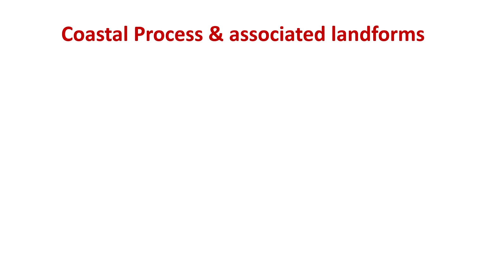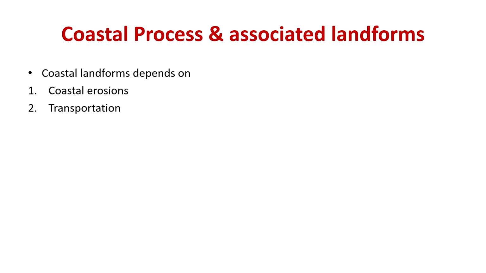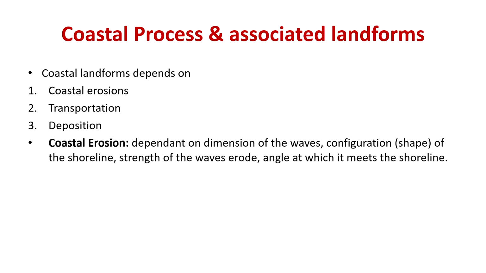Now, coastal processes and associated landforms. The coastal landforms depend on coastal erosion, transportation of the sediments, and deposition. The coastal erosion is dependent on the dimension of the wave, the configuration, that is the shape of your shoreline, the strength of the wave that erodes, and the angle at which it meets the shoreline.